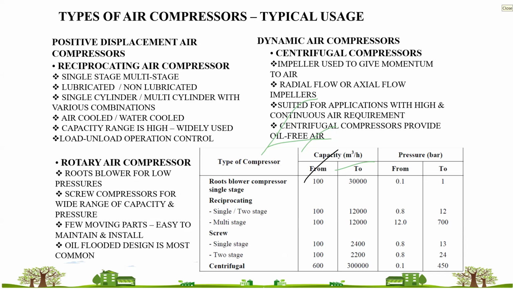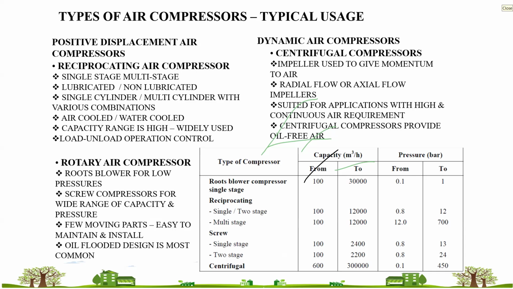Then another is reciprocating compressors. In reciprocating compressors, there is a further classification. There will be single stage or multi-stage compressors. Single stage is used where the air pressure requirement is on the lower side. Multi-stage is used where the pressure requirement is on a higher side, like 20 bar or 30 bar for multiple applications.